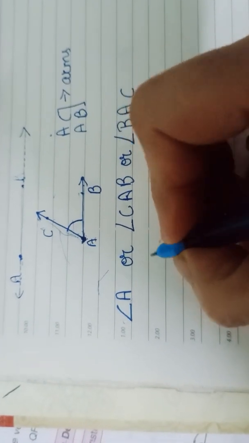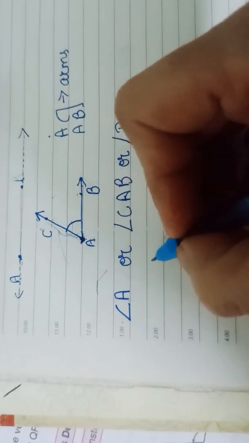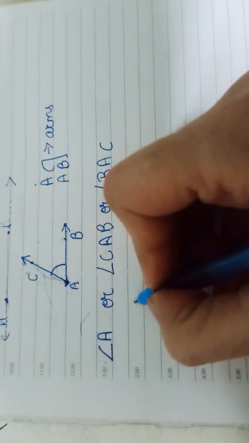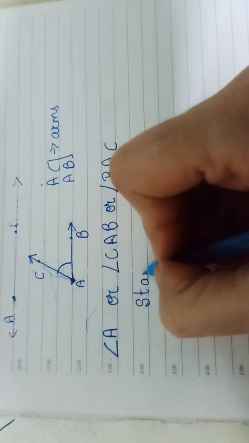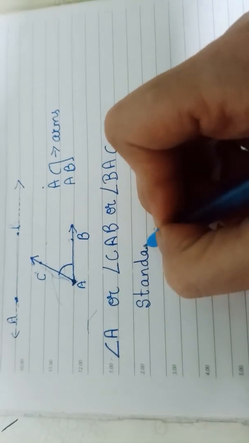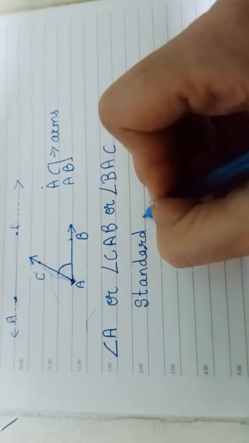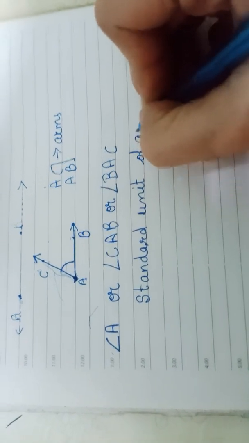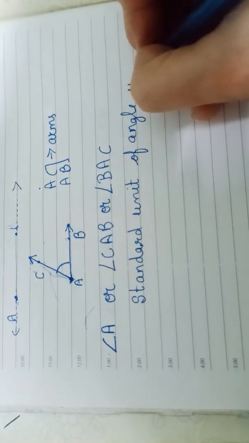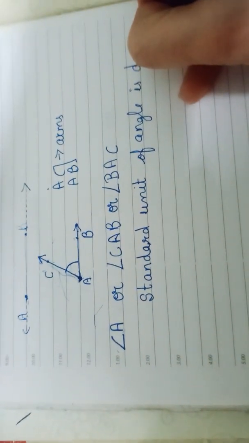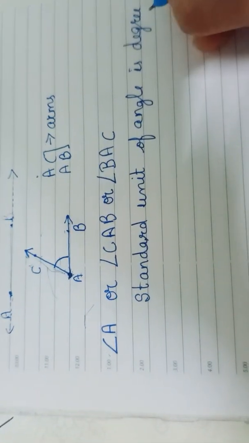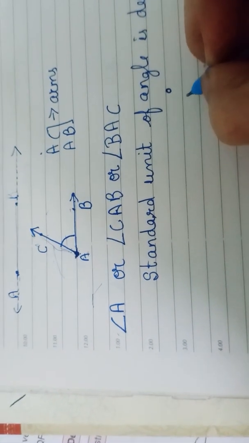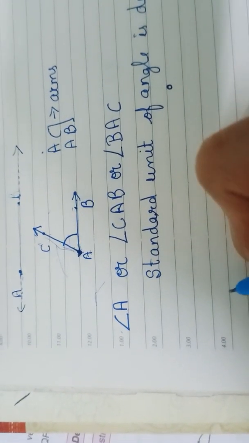The degree in which we write the angle, that is the standard unit. So we will say standard unit of angle is degree, which we will write like a small 0.